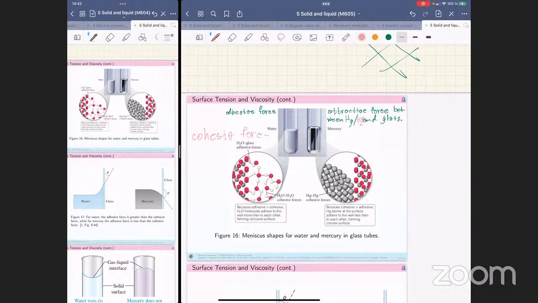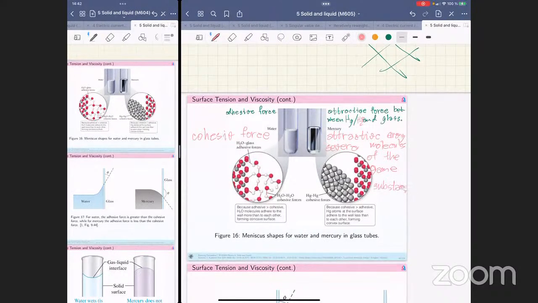It's an attractive force too, a kind of attractive force among several molecules of the same substance.